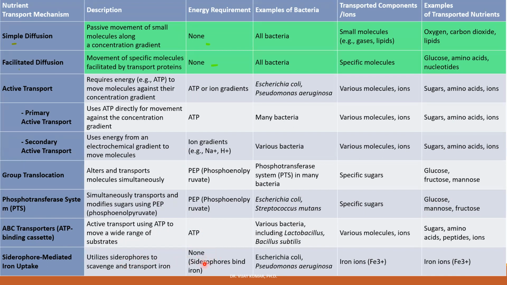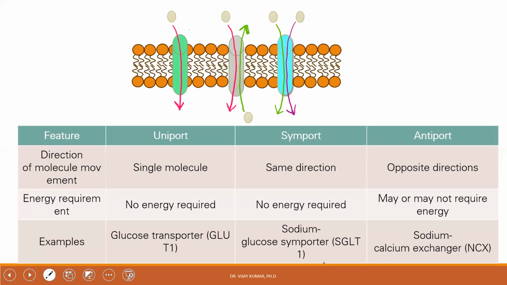Here energy is not required because siderophores bind to the iron directly, and it is used especially for iron uptake. For example, E. coli and Pseudomonas perform this. I hope this is very clear for you because this table is very informative, and I have tried to summarize the whole information in this single table.